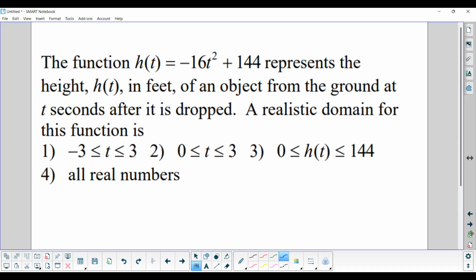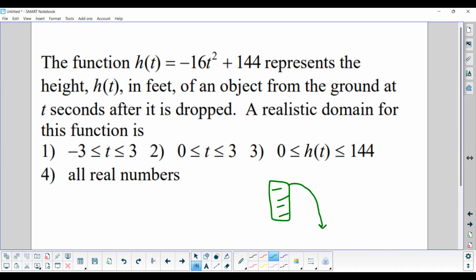This function represents the height in feet of an object from the ground at t seconds after it is dropped. A realistic domain for this function is... Okay. So if you're standing on a building and you're dropping something, it would typically look like this.